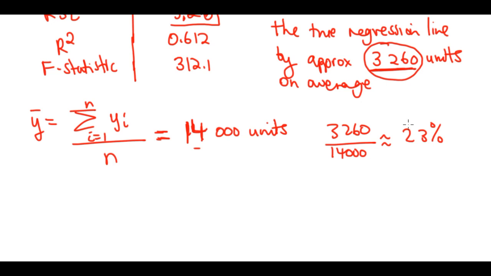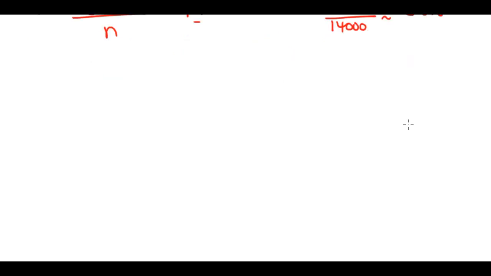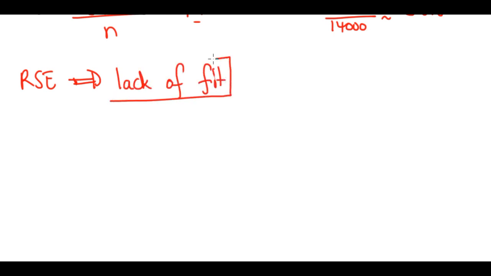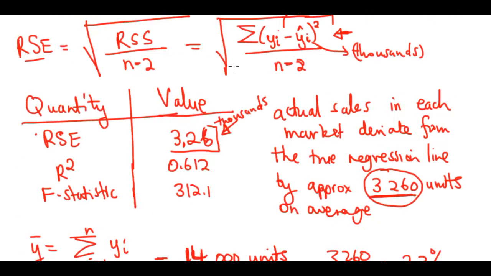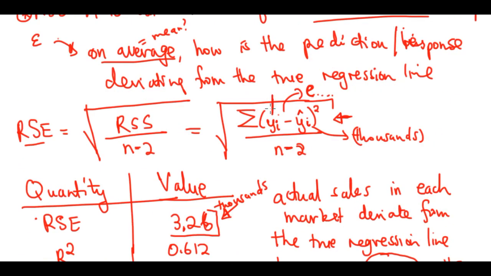So this RSE, what it actually calculates is something called lack of fit, right? Why does it calculate lack of fit? Because if the predictions that we've made with the hat here are close to the actual one, it means this subtraction here will be a very small value, right?